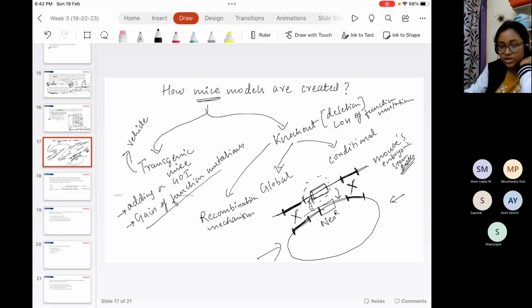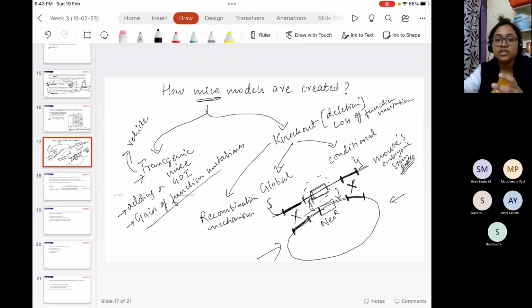Now in your construct, for becoming double sure about this region of the DNA segment of the mice where you want the recombination to happen, whether or not recombination has happened only there. It can happen randomly. As I told you, in transgenic mice, the gene can get added anywhere.